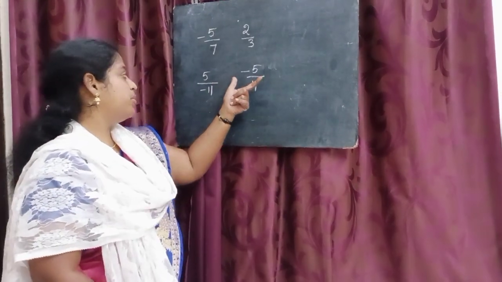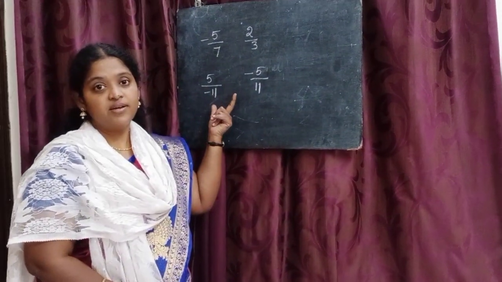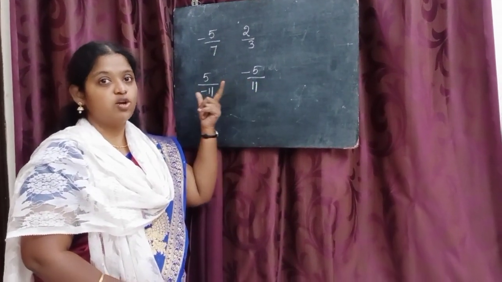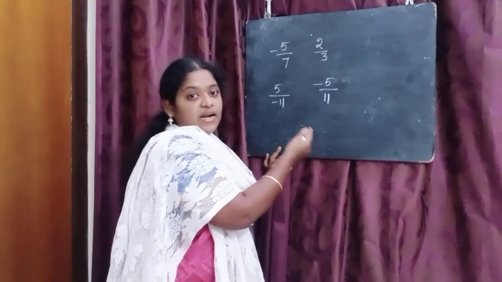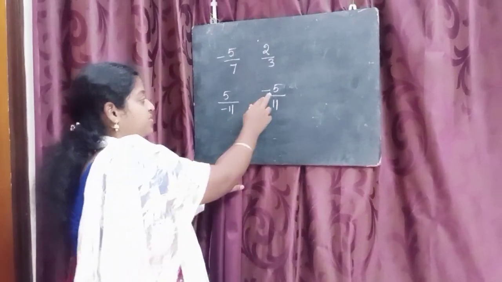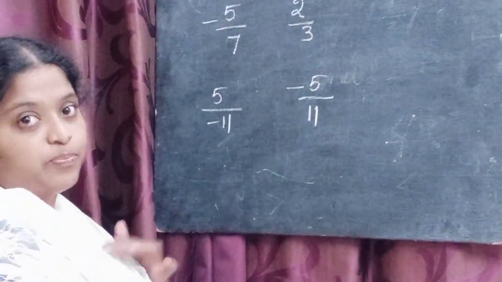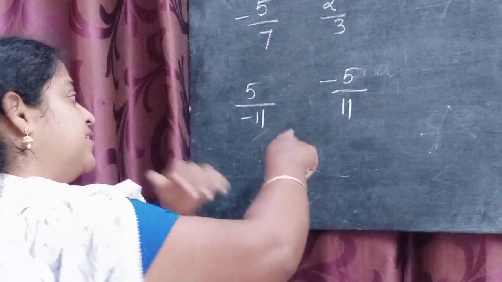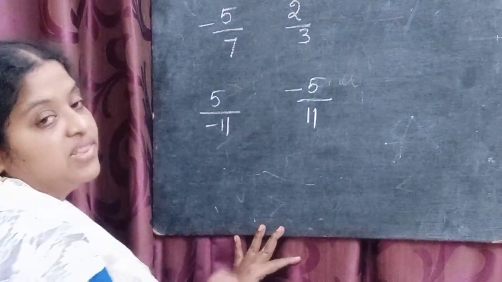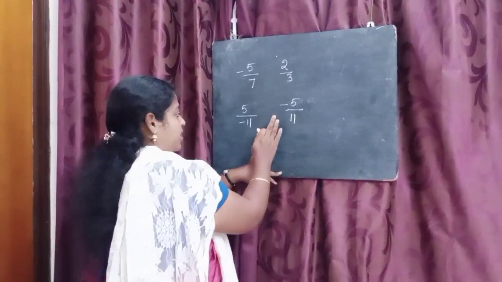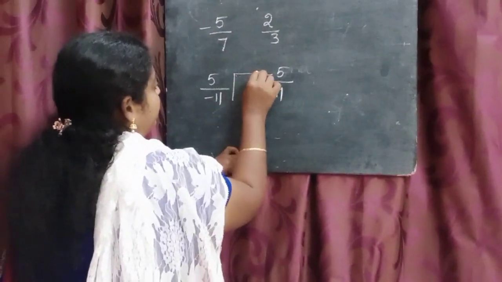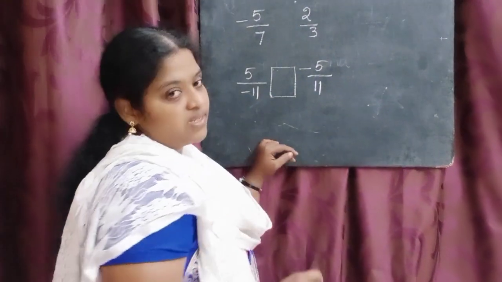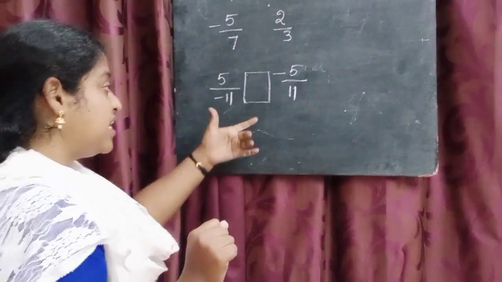Here the numerator and the denominator both have negative symbols. They have given a simple empty box like this. You should decide whether it is equal or not.